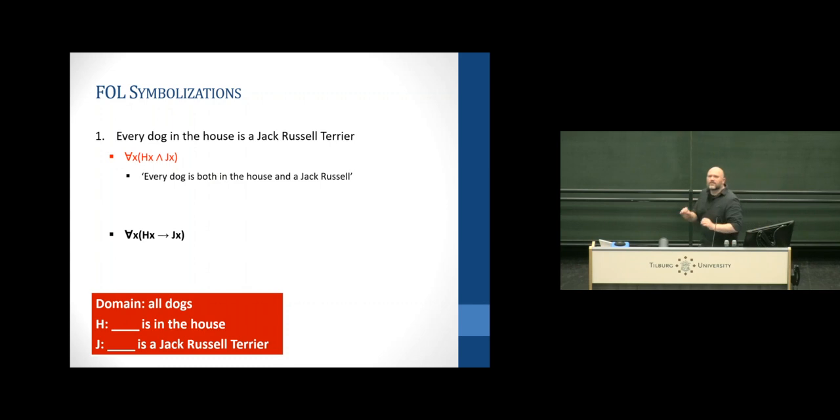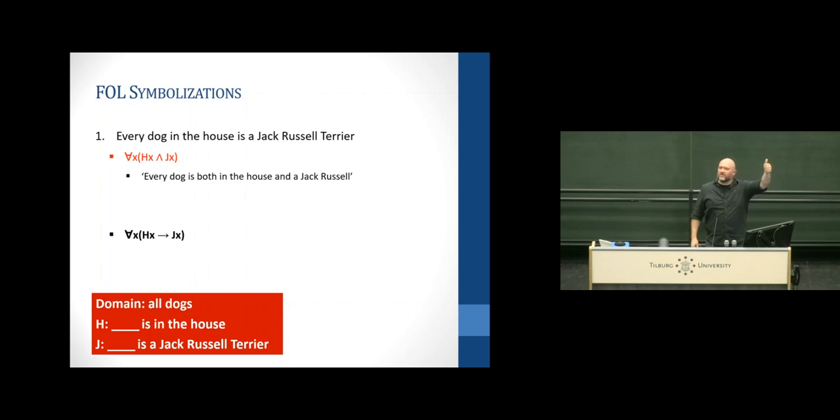Again, the subtle difference here is important. That first symbolization tells us everything in the domain satisfies H and J. But the English tells us everything that satisfies the H also satisfies the J.